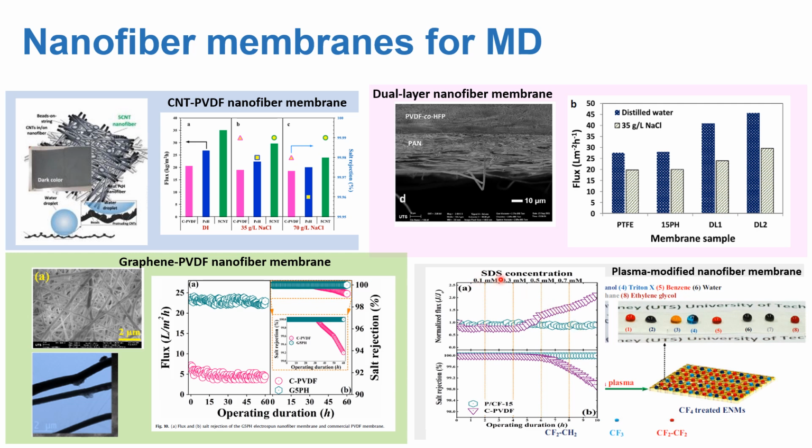Even if we increased the surfactant concentration, the SDS, our membrane performance has remained very robust throughout 10 hours of operation. So this has shown that the salt rejection is still very high, and we have fabricated a very robust membrane for various types of feed water.